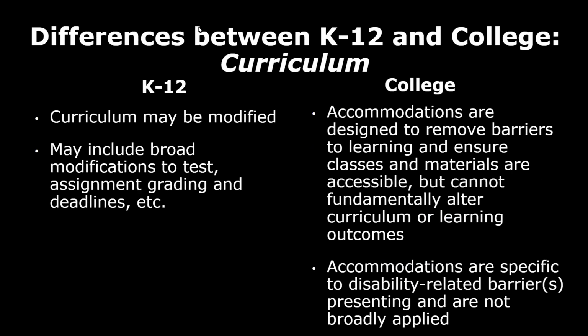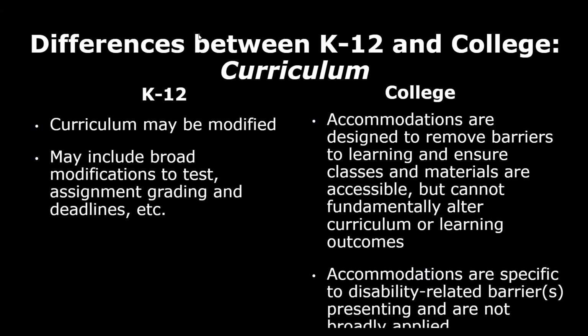So when it comes to curriculum in K through 12, curriculum can be modified and may include broad modifications to test, assignment grading, deadlines, etc. In college, accommodations can't do anything that would fundamentally alter the curriculum. So accommodations are designed to remove those barriers to learning and ensure classes and materials are accessible.